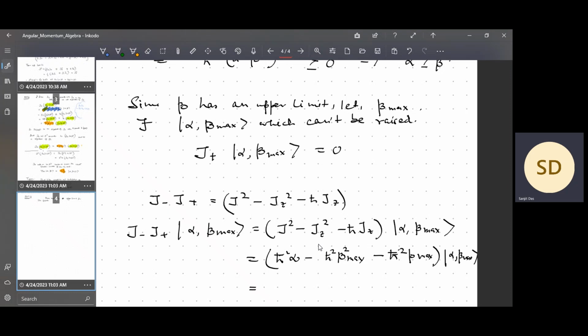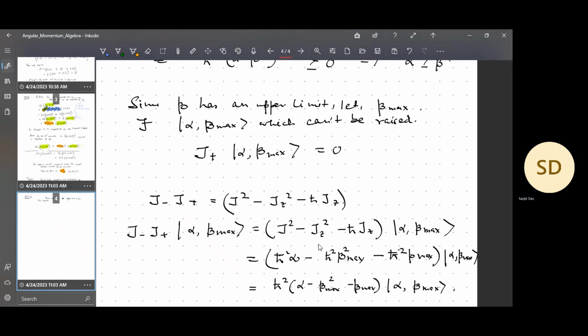So this will produce, let me take h bar squared outside, alpha minus beta max squared minus beta max acting on alpha. Yeah, so this is the result.